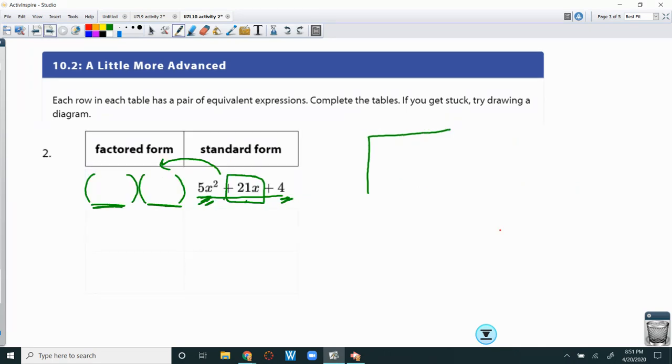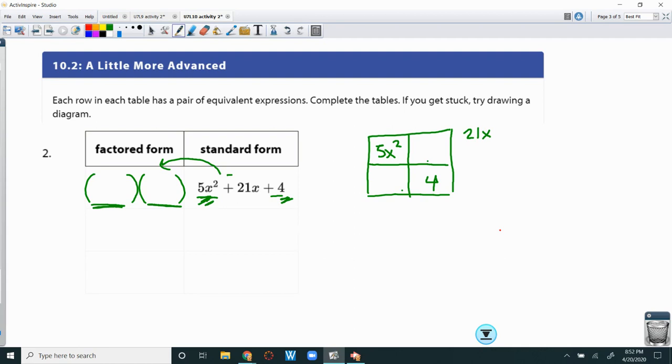Okay, so I want you to take a minute. You have a couple strategies you could use. Maybe guess and check is one option. Another option is you could use this area model and think about where 5x squared goes here, 4 goes here, and these two need to add up to give you 21x. All right, so take a minute, try this, and then hit play again.